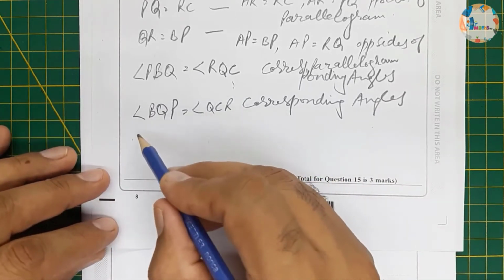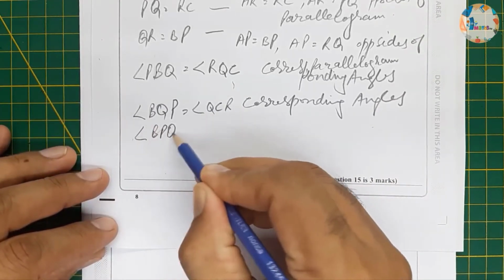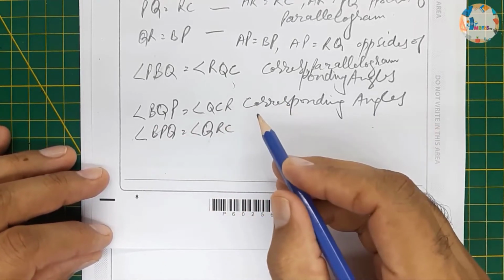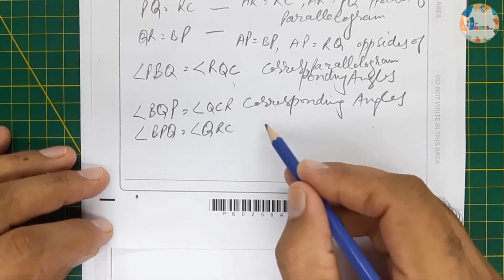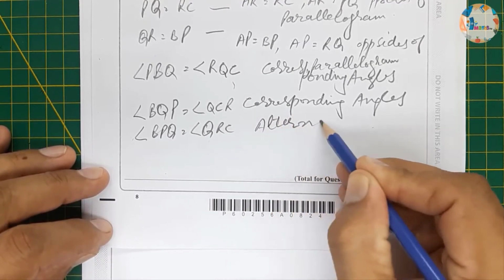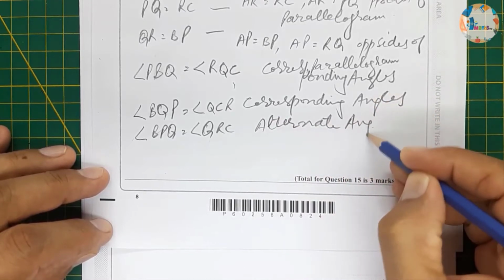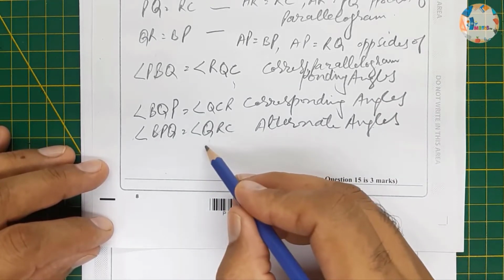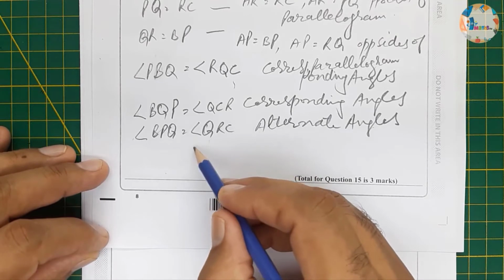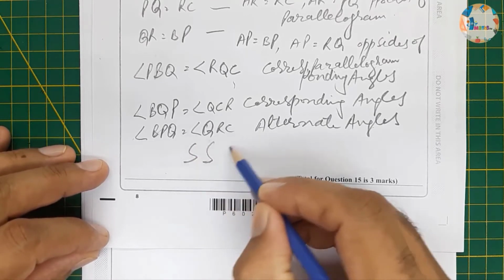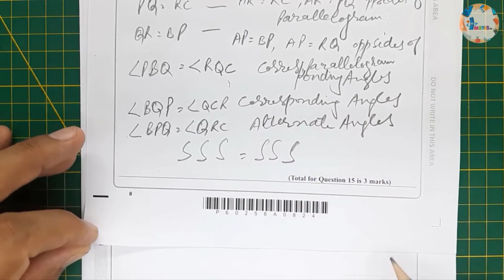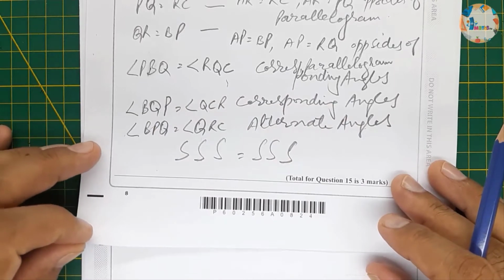And the last point we can write angle BPQ is equal to angle QRC, and this will be alternate angles. So this implies we can use the SSS theorem, side equal to side, or we can use angle also, but this is proved.